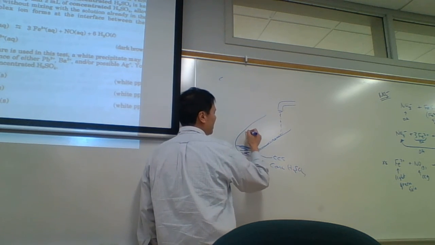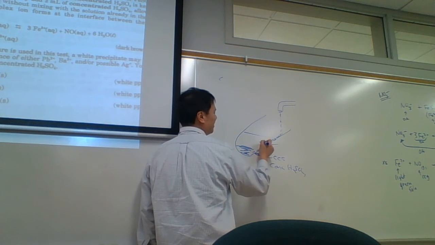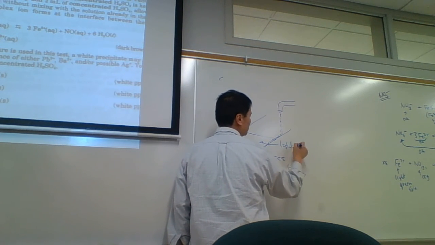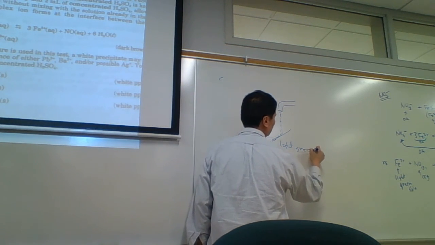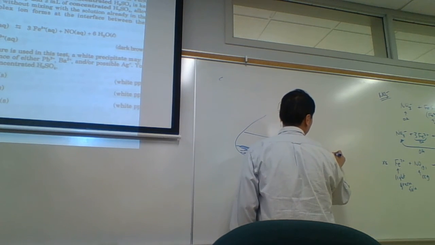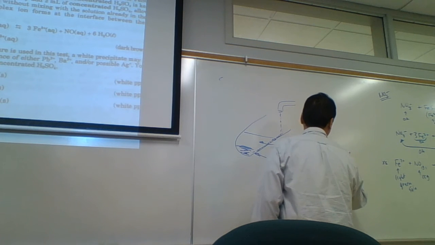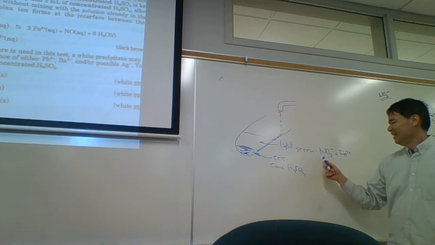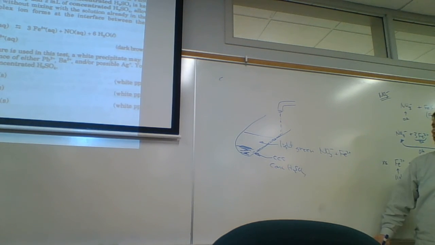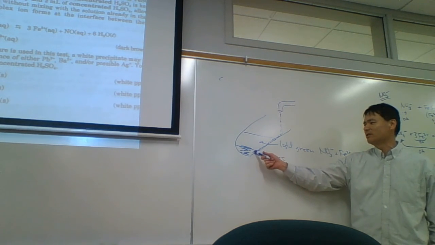Above here we're going to have a light green color. This is going to be a light green solution that's going to contain nitrate and iron 2. And so what's missing in this light green solution is the acid, the H+. All the acid went down to the bottom here.